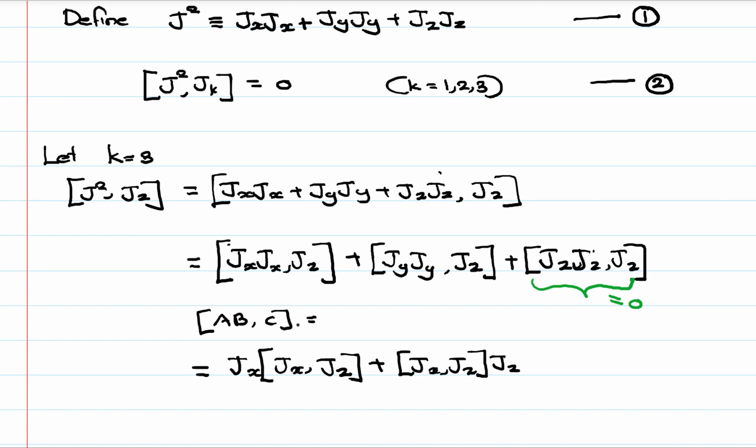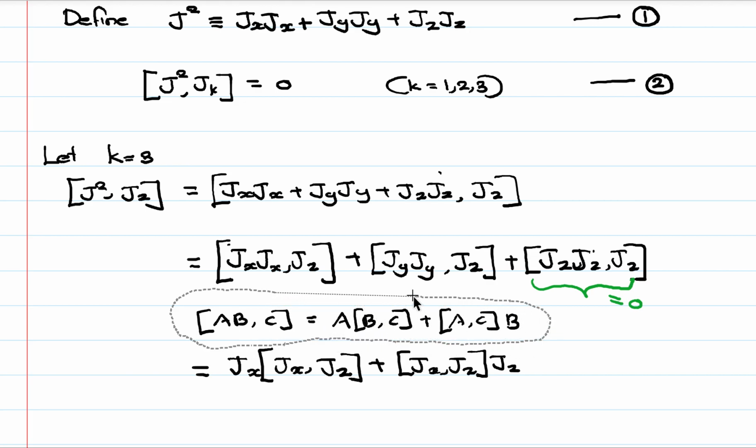We know that the commutator of a, bc is equal to a into the commutator of b, c plus the commutator of a, c into b. So this is the relation I have used here. Using this relation, I can change the value of this commutator.